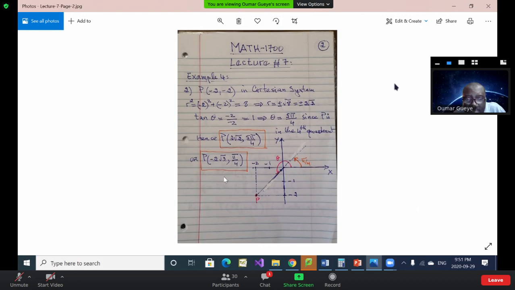Now, if you take a negative r, the negative sends it here, and you will get a point in the first quadrant, and the point is supposed to be in the third one, because you can see you have -2, -2. This is the right position of the point. If you take 5 pi by 4, you are already here, and by taking -2√2, you will be here with this angle. That's why we cannot take it.